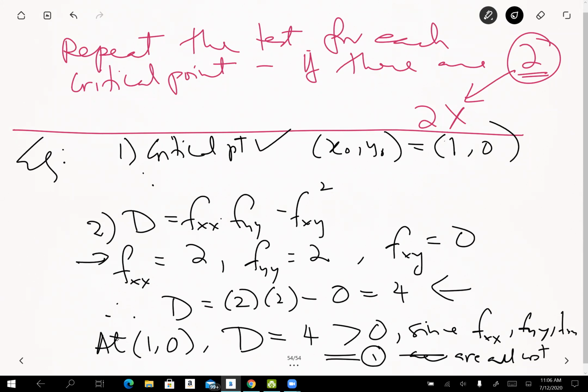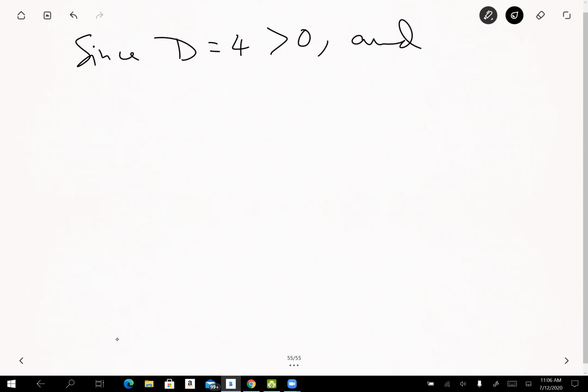D equal to 4 is already positive. Then you have to look at fxx, the second set of conditions. fxx is equal to 2, and that is positive. fyy is also equal to 2.